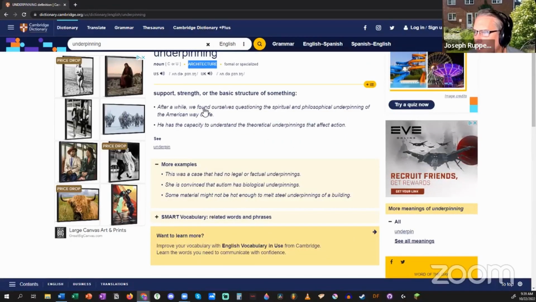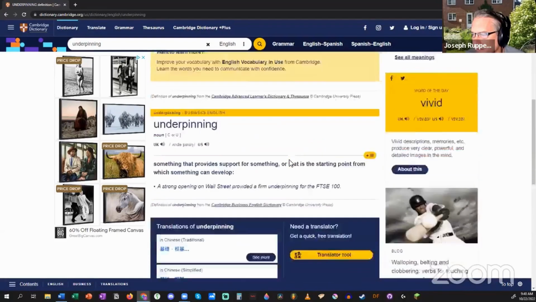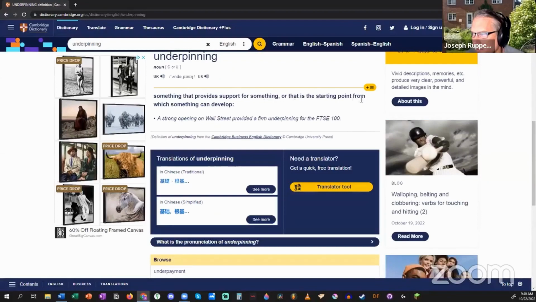After a while, we found ourselves questioning the spiritual and philosophical underpinning of the American way of life. So we could think of the word foundation. It's like the foundation of something, something that holds something up. He has a capacity to understand the theoretical underpinnings that affect action. Something that provides support, starting point for which something can develop.